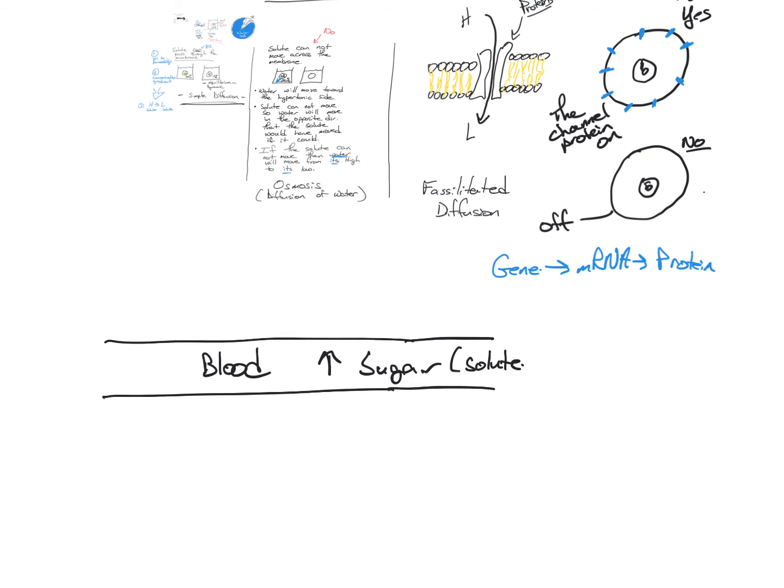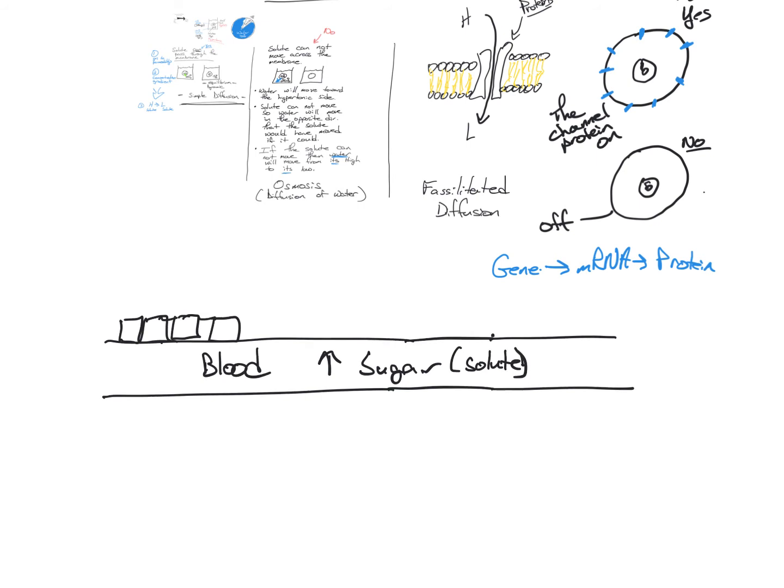What would happen if Miss Fudge's body didn't do something when she got all that sugar in her blood? What would happen to her blood? Remember, these are cells, her blood vessels are made of cells. What would happen if there's a lot of solute in her blood?